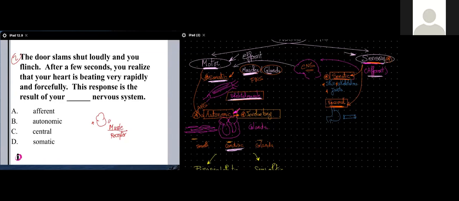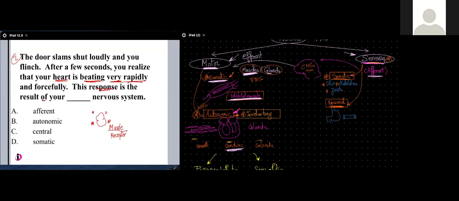So you see on here, your heart is beating very rapidly. Beating very rapidly means it's contracting. And this is a response. This response is a result of what part of the nervous system?